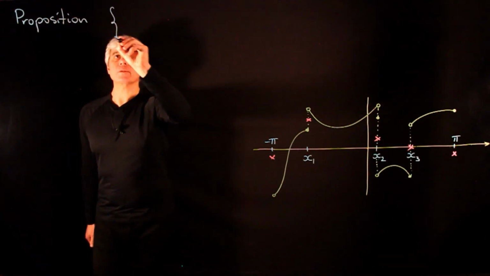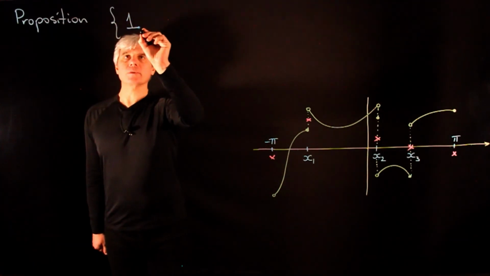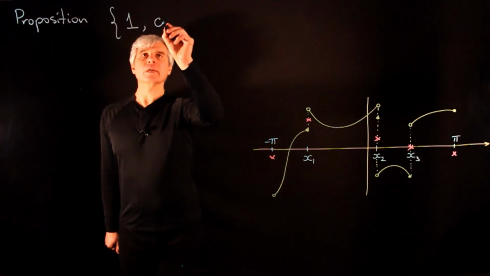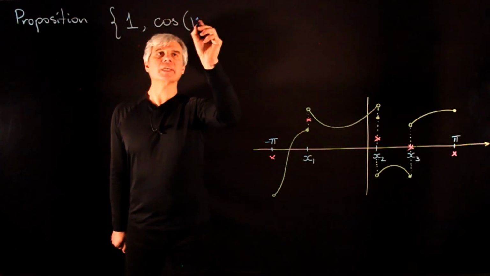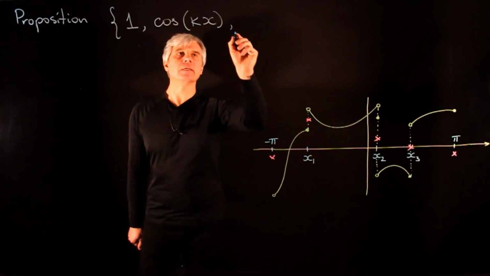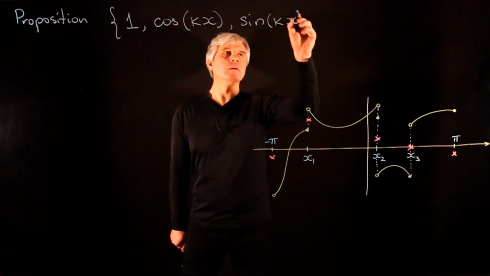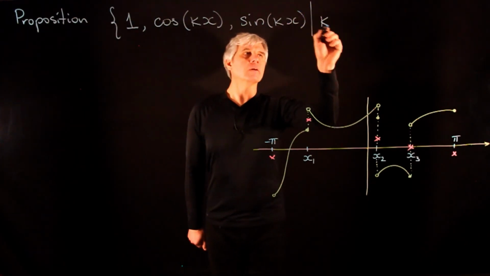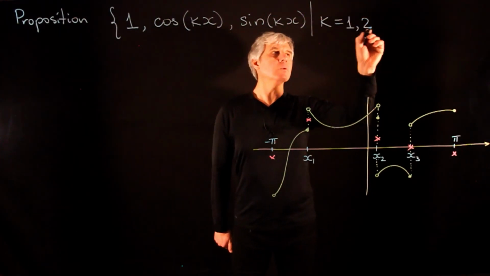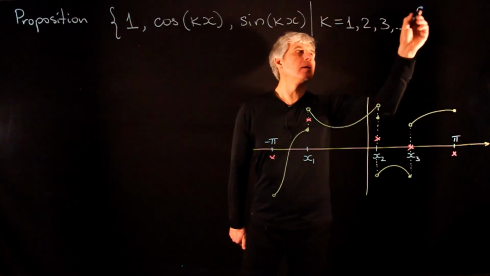The following set of 2-pi periodic functions: we take 1, we take cos of kx, and we take sine of kx, where k runs as 1, 2, 3, and so on.